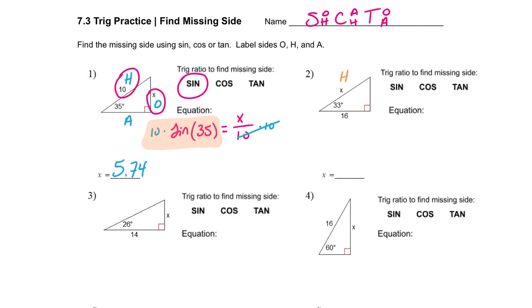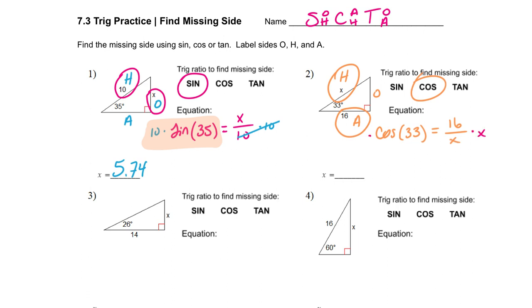We always start off with labeling the hypotenuse, the opposite, and the adjacent. This time I have information about the adjacent and the hypotenuse, so that would be cosine. So I have cosine of 33 is equal to the adjacent over the hypotenuse.